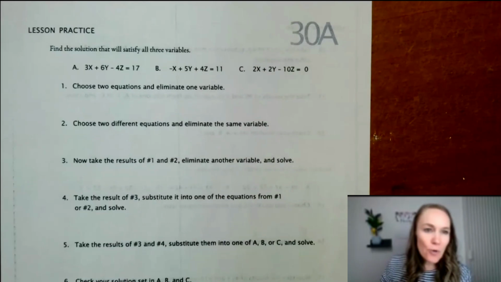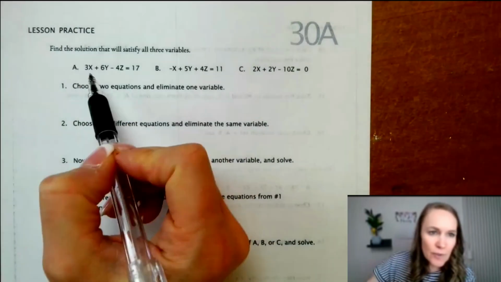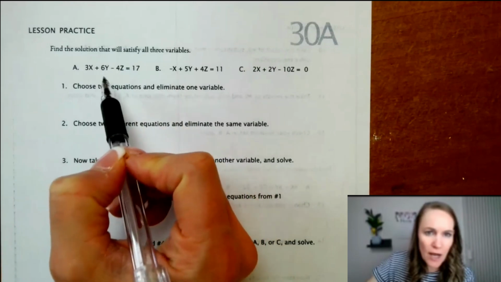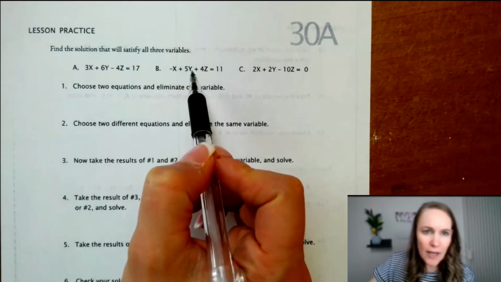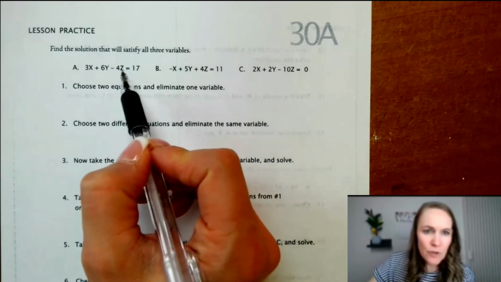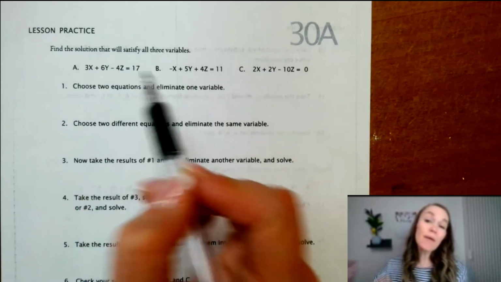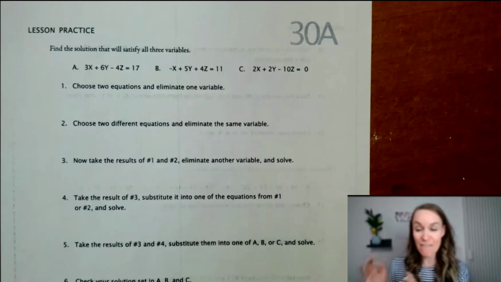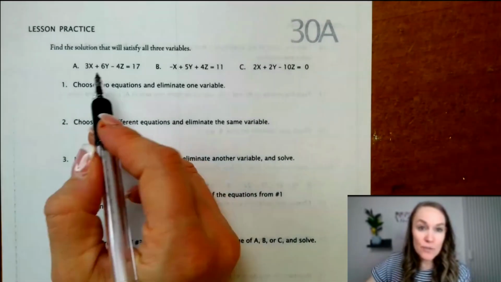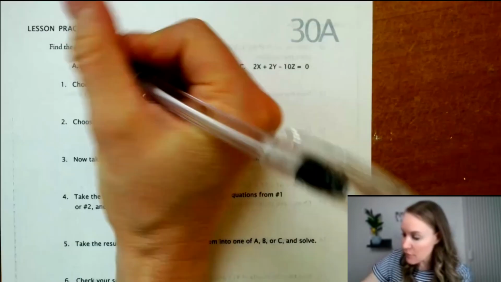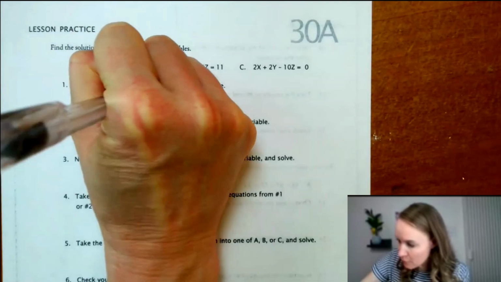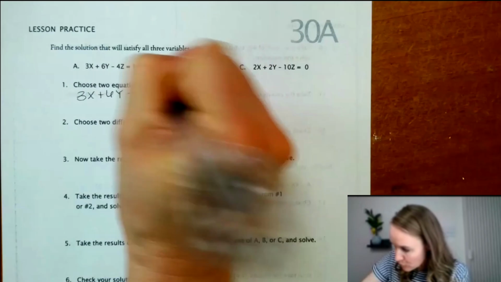Okay, so I see that I have 3x and a negative 1x, 6y and a 5y, and a negative 4z and a positive 4z. So I'm going to choose to eliminate the 4z, or the z variable. All I need to do is add these two equations. So I have 3x plus 6y minus 4z equals 17.